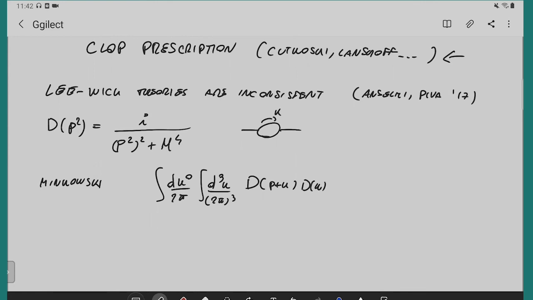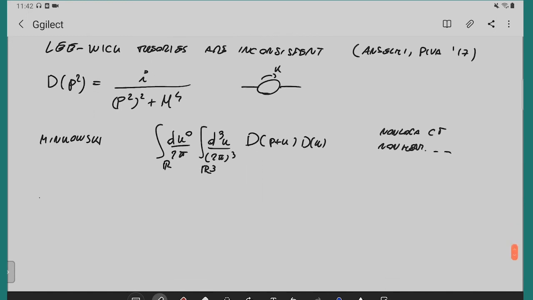The integral over k0 is on R. The integral over the space momentum is over R3 with the Minkowski signature, of course. And this is the one that gives non-local counterterms, non-Hermitian, and so on.